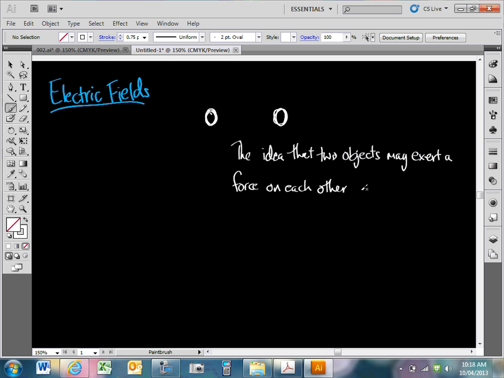The idea that two objects may exert a force on each other at a distance.